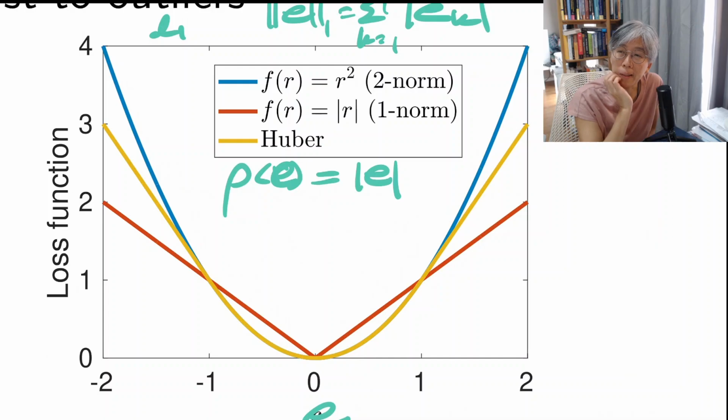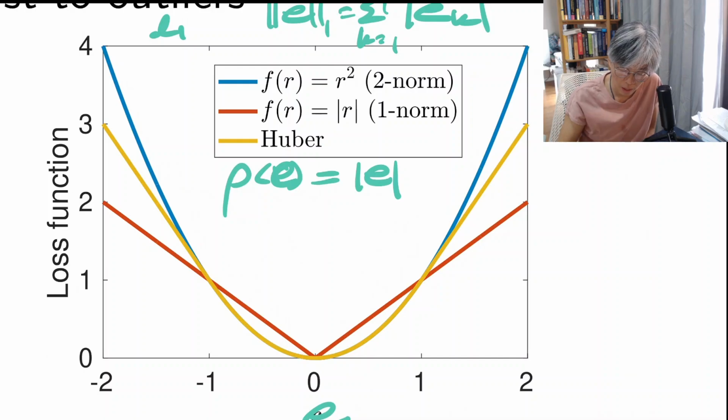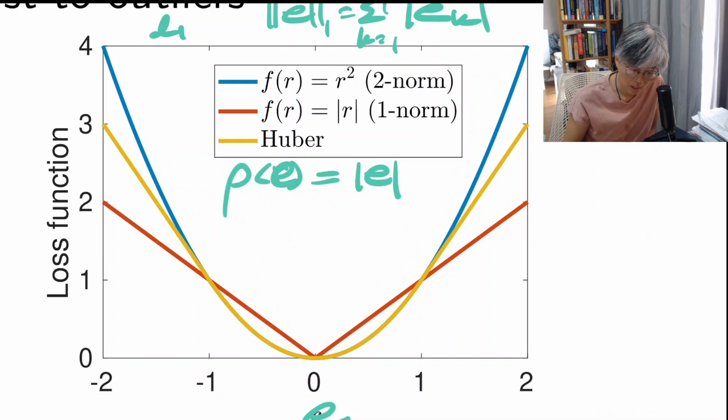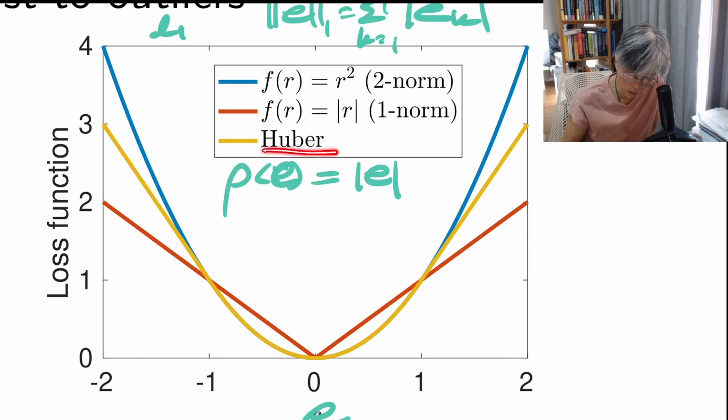But when your data sets have a lot of outliers, and those outliers typically correspond to a very large residual, and you want your model to be less sensitive to those large residuals, you can pick something that is a robust loss, that is the Huber function, or you can use the MAE.